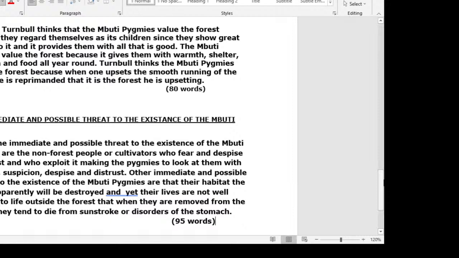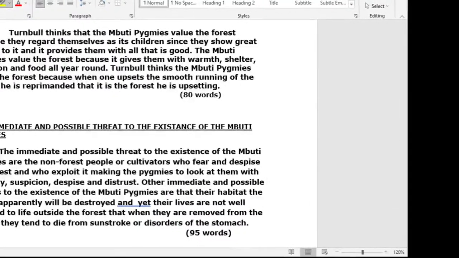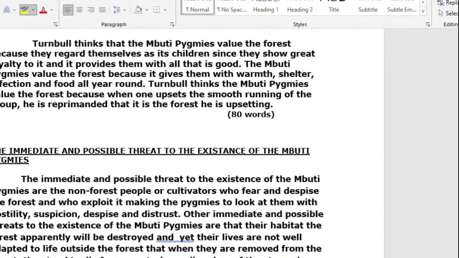Now, for question B, the threats to the existence of the Mbuti pygmies, the second sample answer. I've given you again the title, I've given you the indented paragraph. The question required you to summarize those threats in about 100 words.